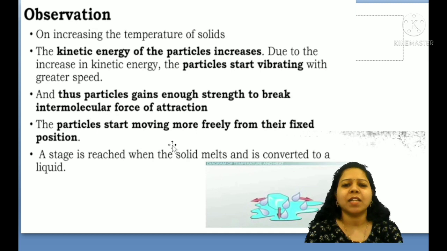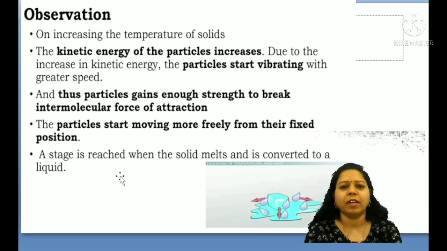The particles start moving more freely from their fixed position. A stage is reached when the solid melts and is converted into a liquid. From this activity we learn that by giving heat to a solid, it can be turned into a liquid.